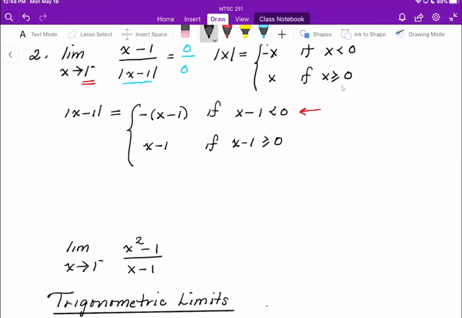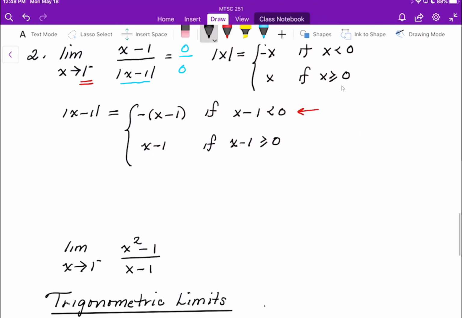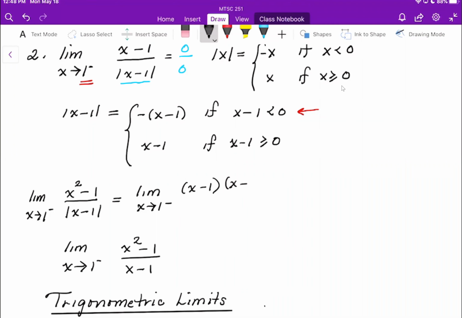So now we will get x squared minus 1 divided by the absolute value of x minus 1. Since we're looking at numbers that are smaller than 1, this becomes the limit as x approaches 1 from the left of, well, let's write this as x minus 1 times x plus 1.